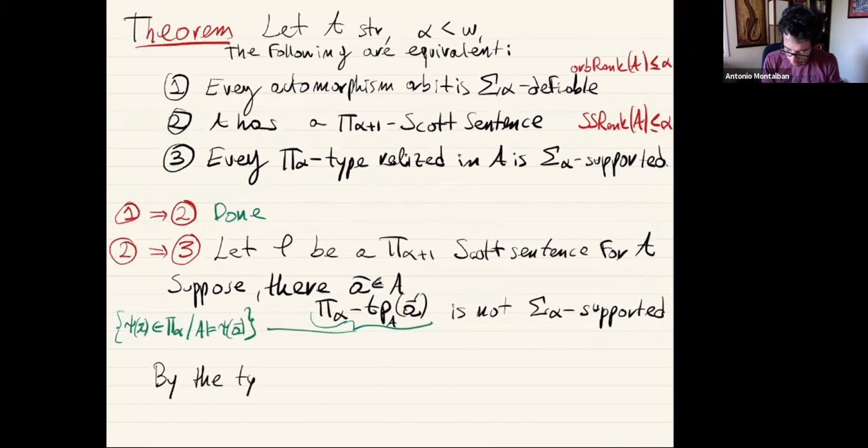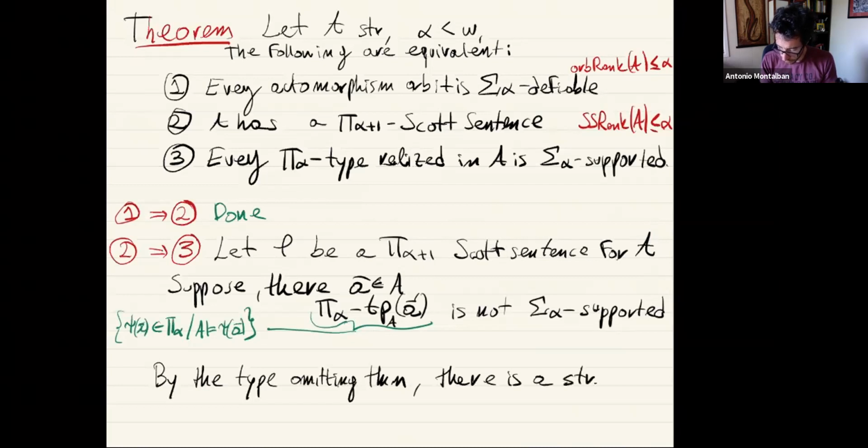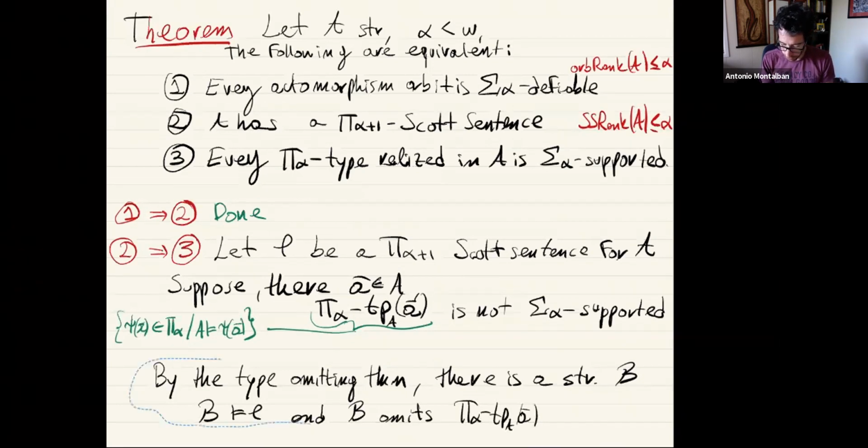By the type omitting theorem, there is a structure B such that B models phi and B omits this type, the pi alpha type of a. Right? That's what we get from the type omitting theorem.